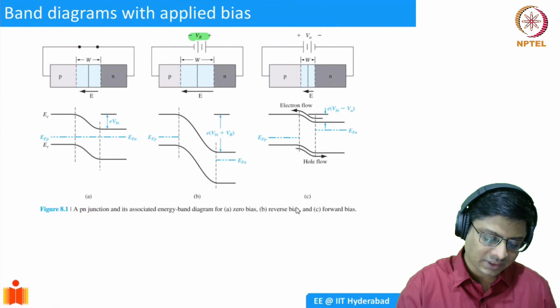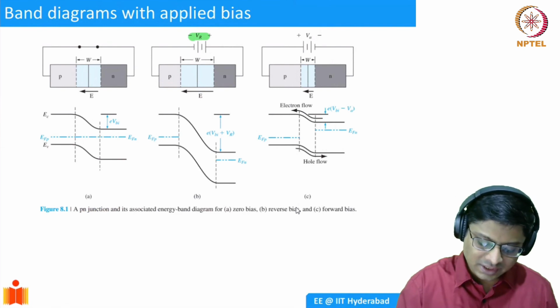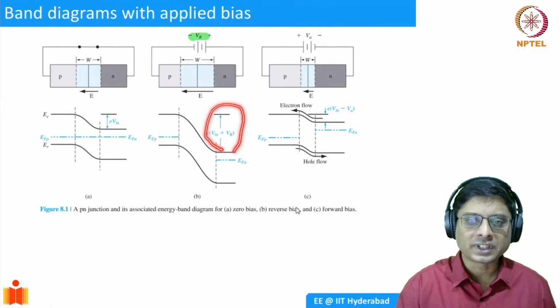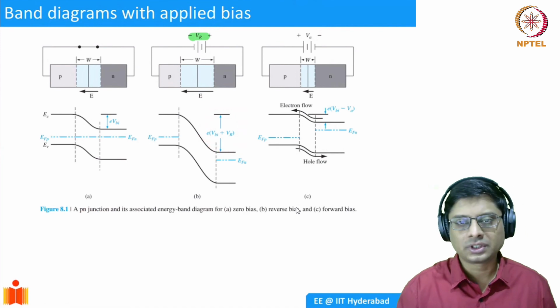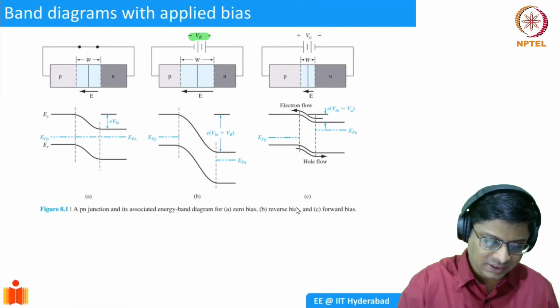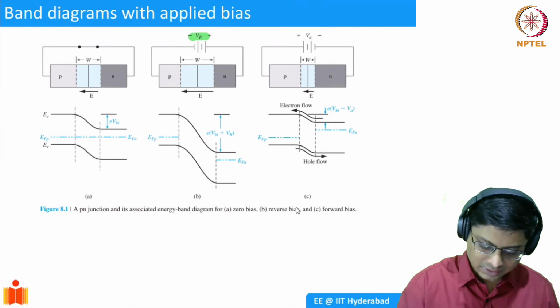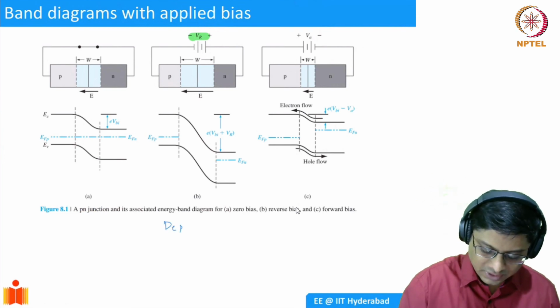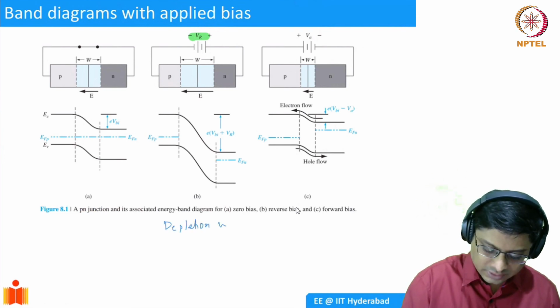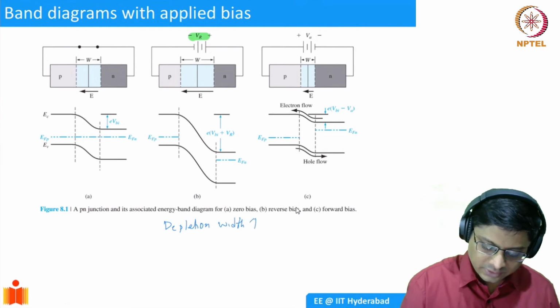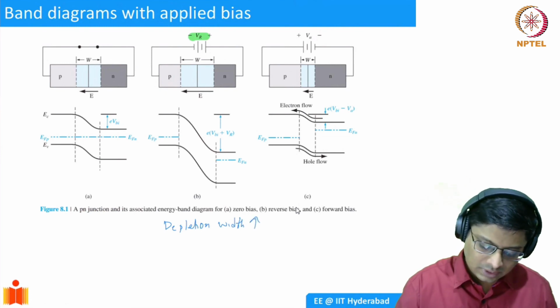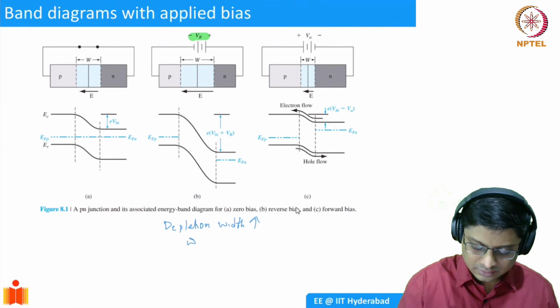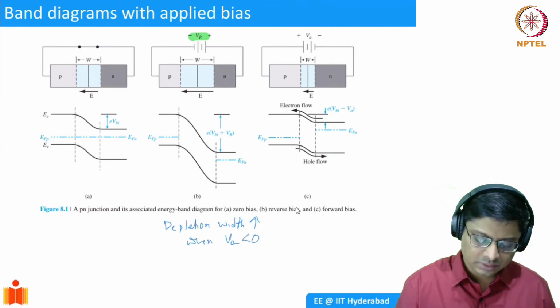You apply reverse bias, we are essentially increasing the energy barrier. Okay. And there is no diffusion of carriers. And you see that basically here, the depletion width increases, right, in reverse bias when VA is less than 0.